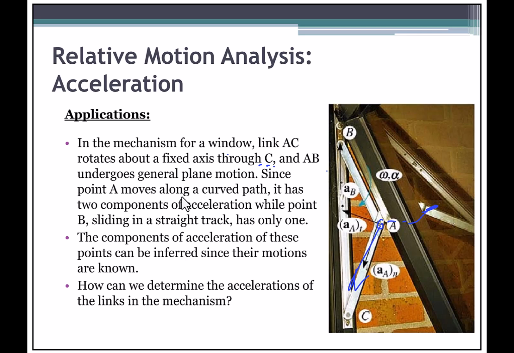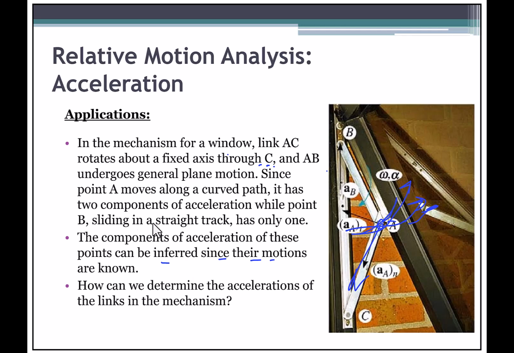Since point A moves along a curved path, it has 2 components of acceleration, while point B, sliding on a straight track, has only one. B doesn't rotate, so it has one component of acceleration. These components can be inferred since their motions are known.